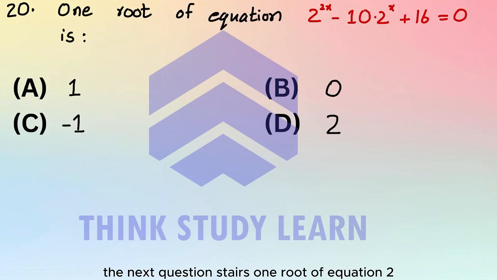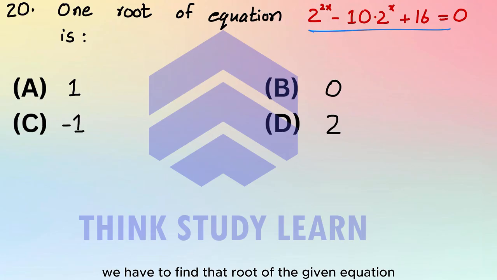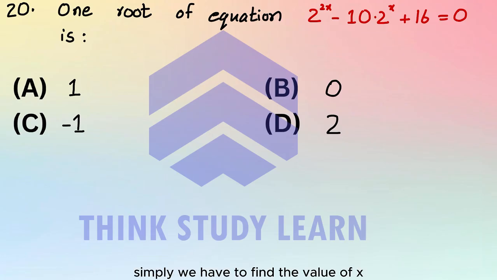The next question states, one root of the equation 2 raised to the power 2x minus 10 into 2 raised to the power x plus 16 is equal to 0 is what? So we have to find the root of the given equation. Simply we have to find the value of x for which this equation is satisfied. So we will put the values from the options given to us in the equation.